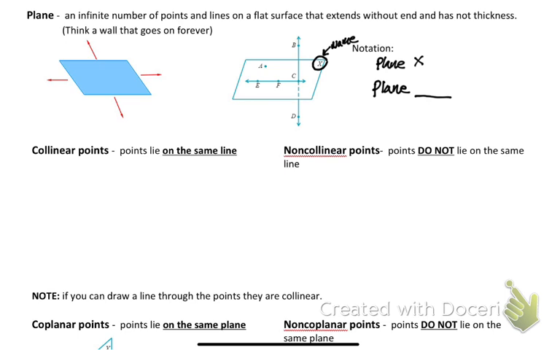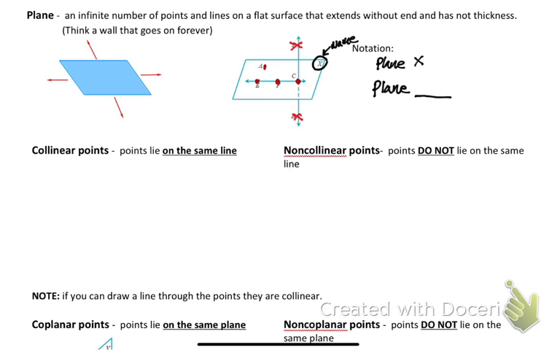So the first rule is, in order for it to be part of the name, it must be actually on the plane. So I'm going to go ahead and get rid of 2 letters. I'm going to get rid of B and D, because B is way above the plane, D is way below. We said that C, F, E, and A are all on the plane. Now, we can use those 3 letters.